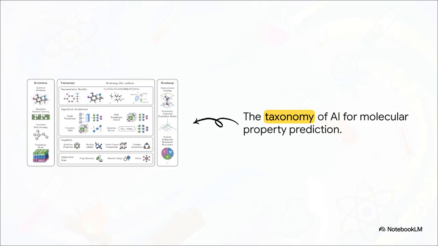The whole landscape of this field has just exploded. These cutting-edge AI models don't just guess, they directly map molecular structures to their exact physical and chemical behaviors. By understanding these properties at such a deep computational level, AI is actively revolutionizing how we discover new pharmaceutical drugs and design advanced futuristic materials, completely bypassing the need for endless slow lab trials.